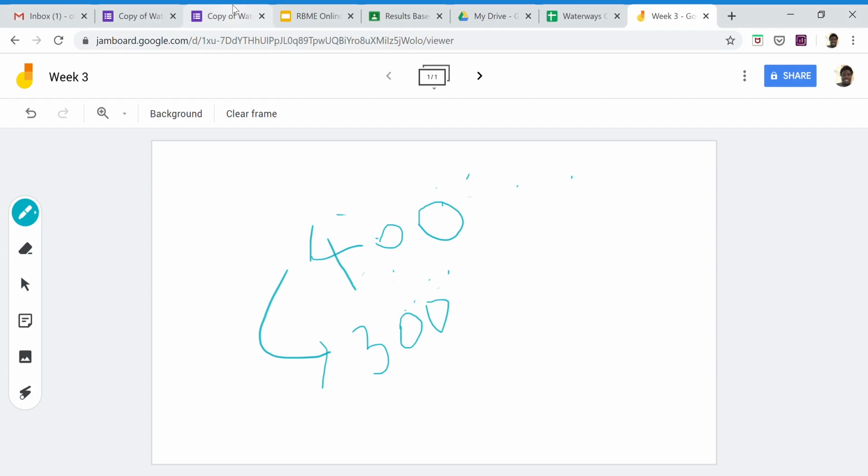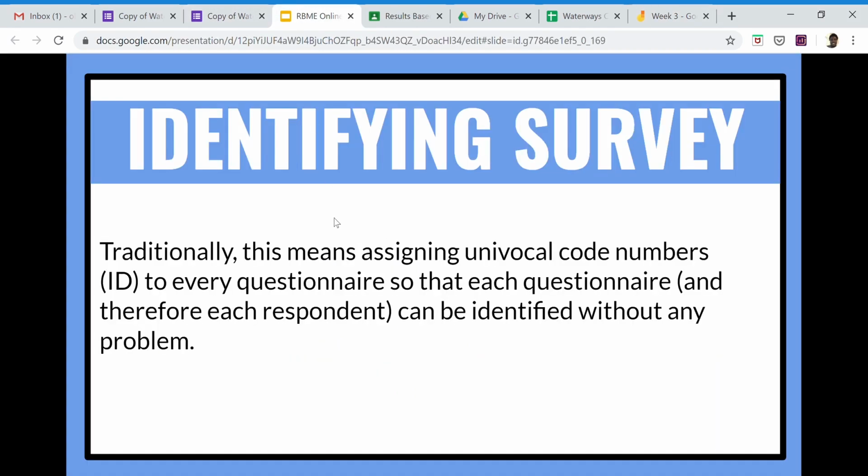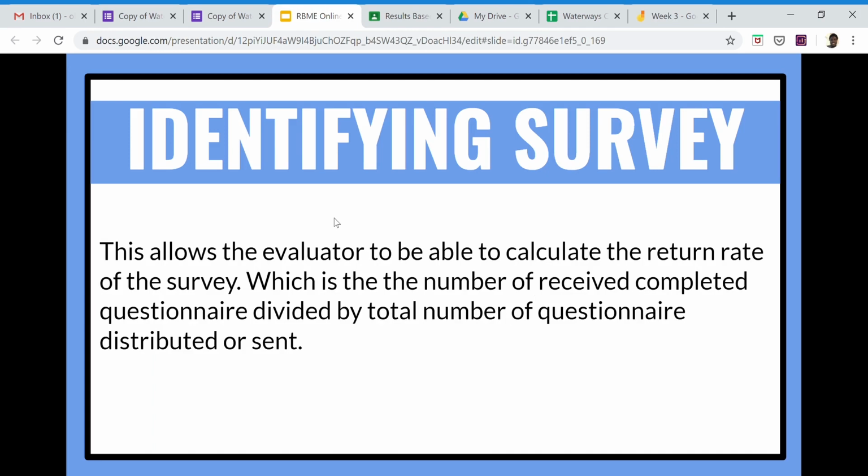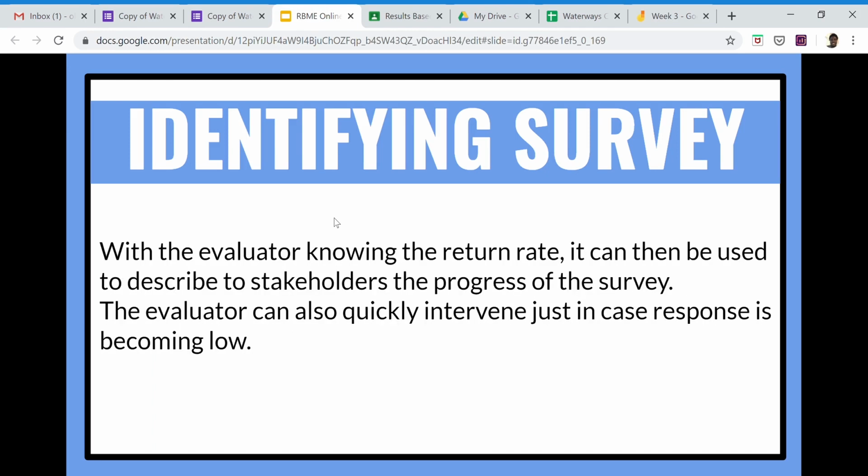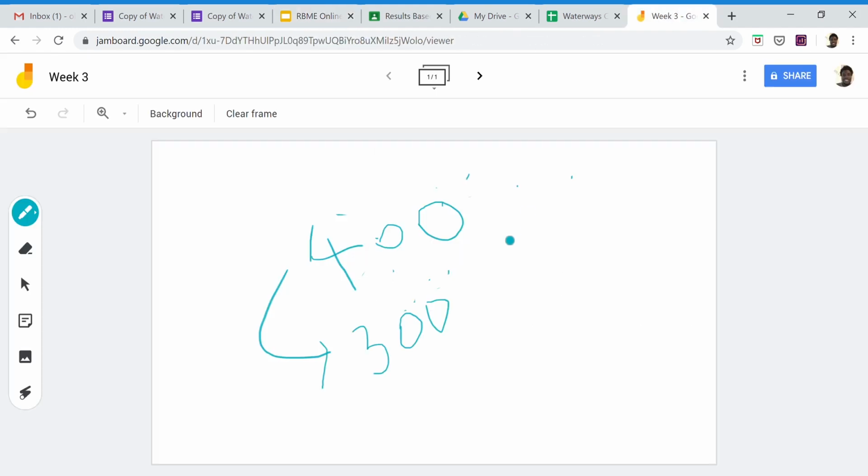That's what it allows you to understand. Also, one thing it does for you is that it allows you to quickly talk with your enumerators to get more respondents. Enumerators definitely would want to report to you.